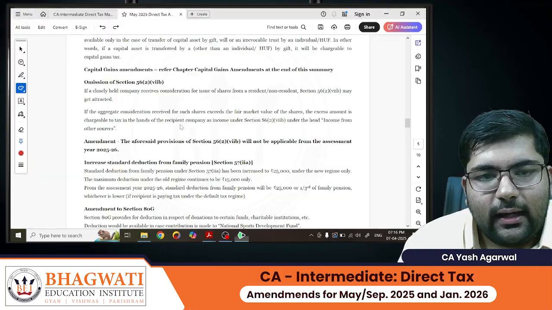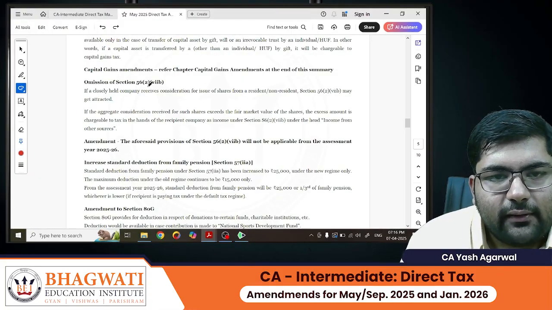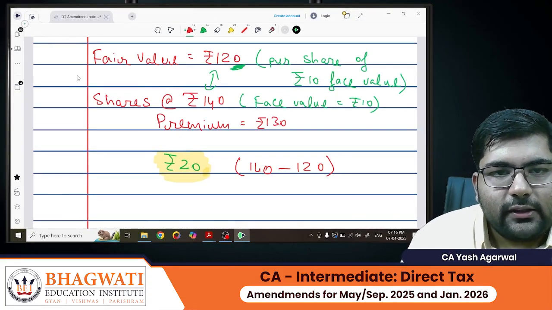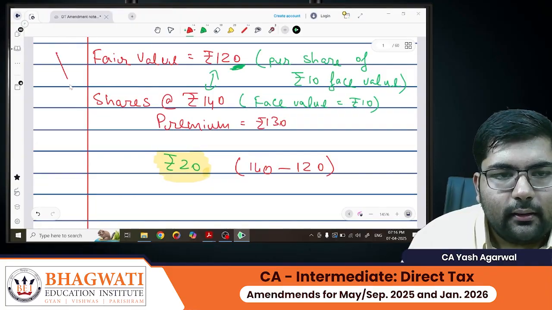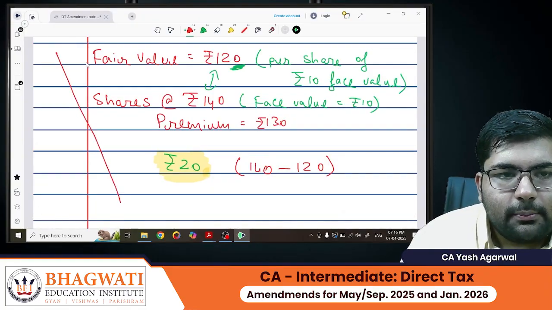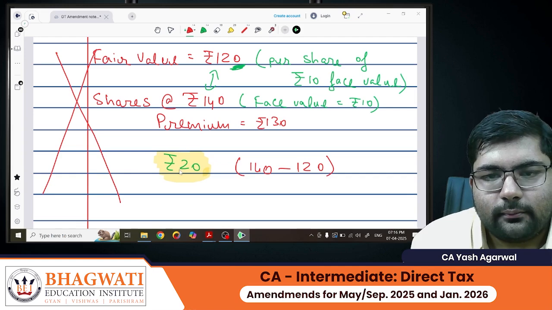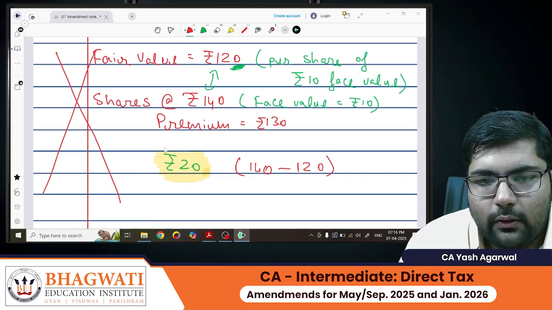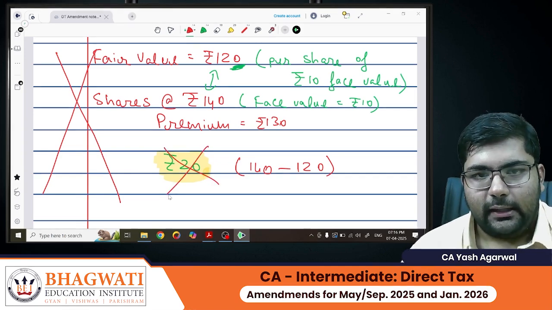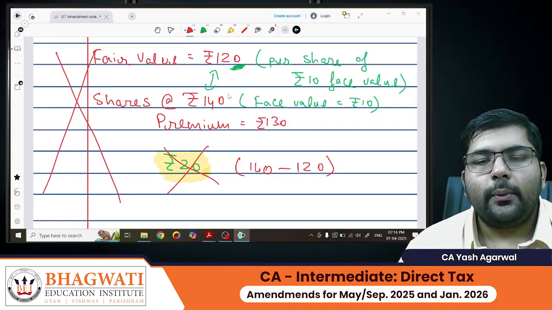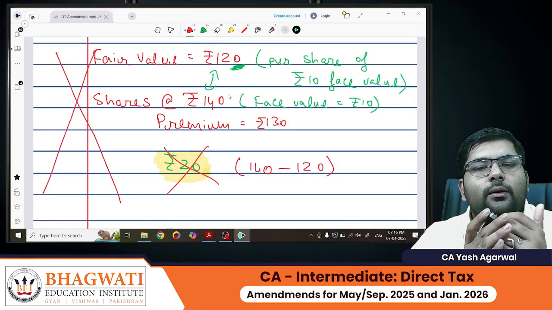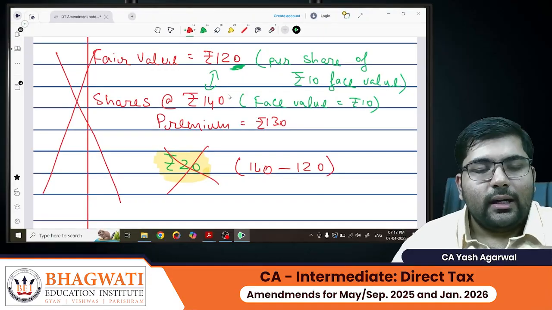However, with regard to omission of section 56(2)(viib), this provision is no longer applicable. This provision no longer holds good. This 20 rupees will not be the income of the company anymore. So if the fair value is rupees 120 and the closely held company issues shares at 140, 180, 200, it doesn't matter.